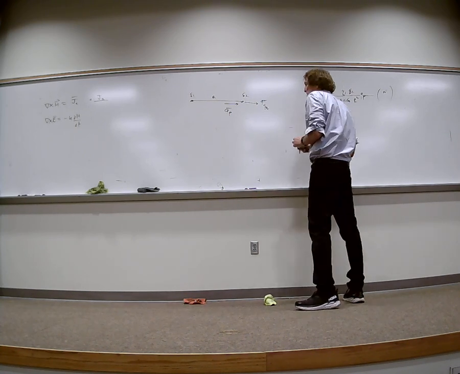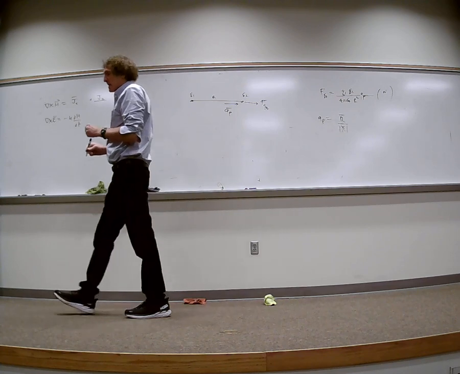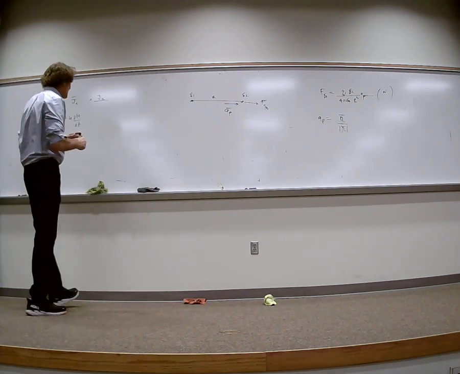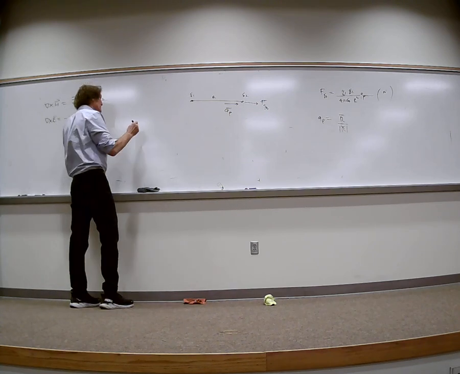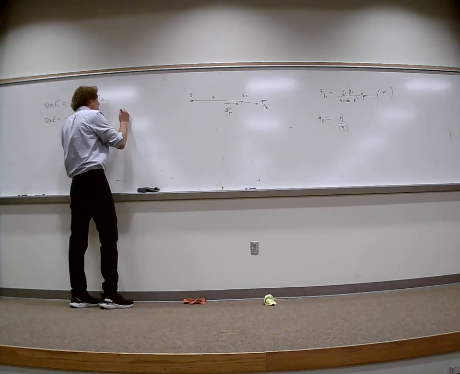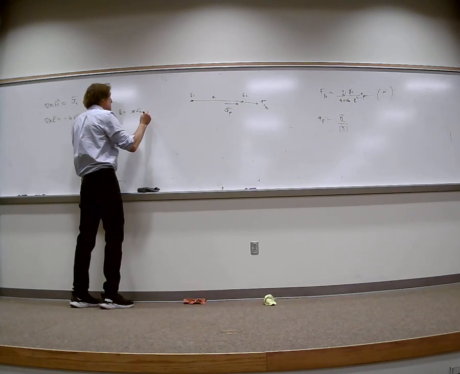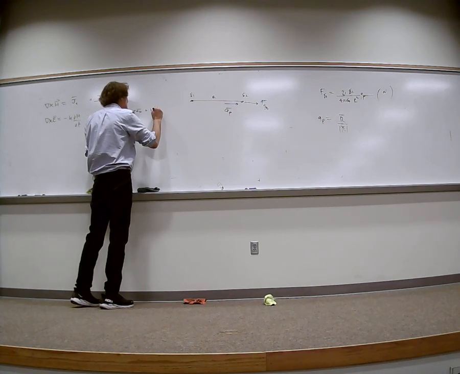Here I need to talk about this. So when I talk about a vector distance versus a scalar magnitude, what do I mean specifically? If you're in Cartesian coordinates, you're used to seeing a vector r drawn as x a_x, where a_x is a unit vector, plus y a_y, plus z a_z.